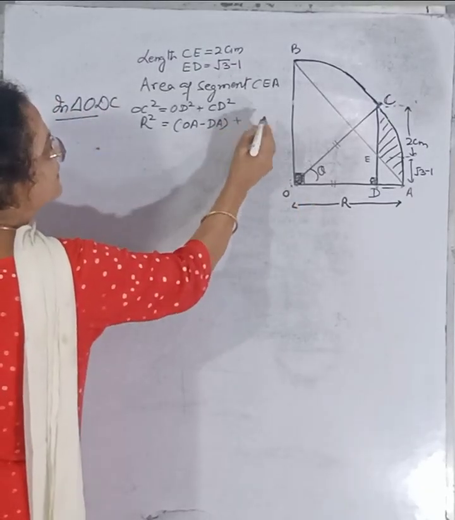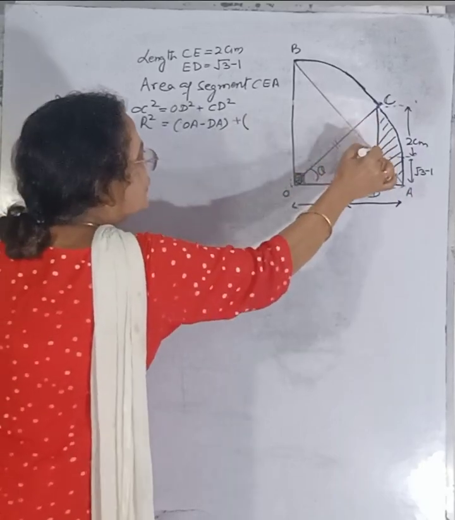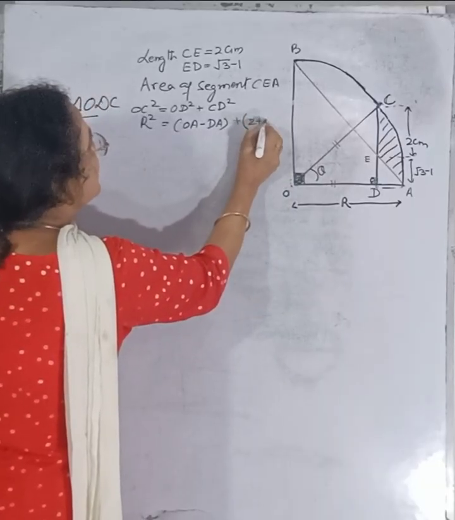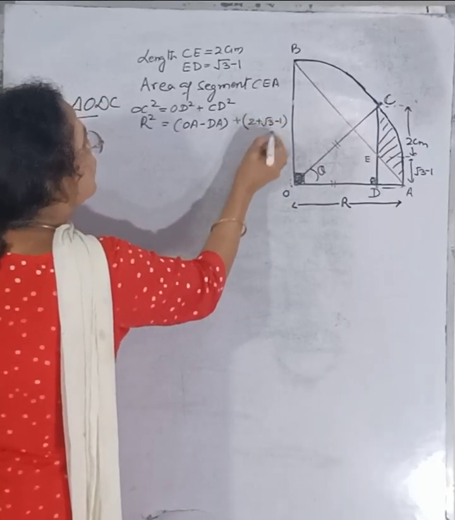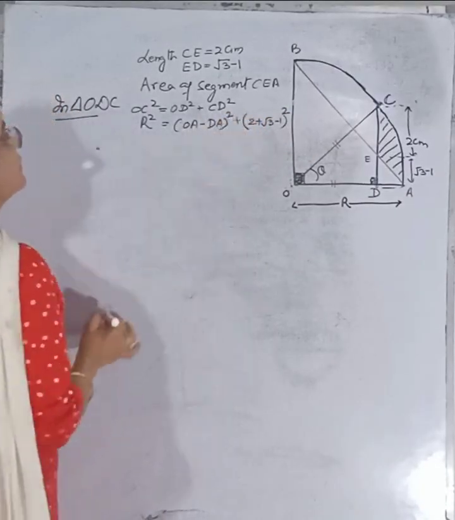Plus CD squared. CD is known to us: CD is equal to 2 plus ED, which is 2 plus root 3 minus 1, whole square.